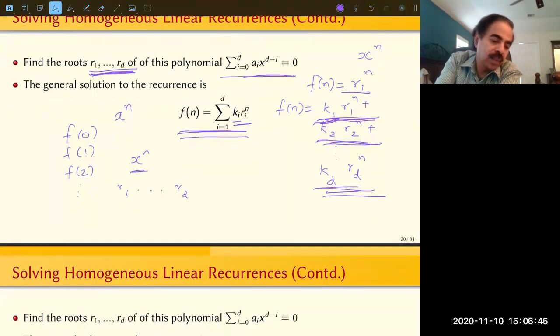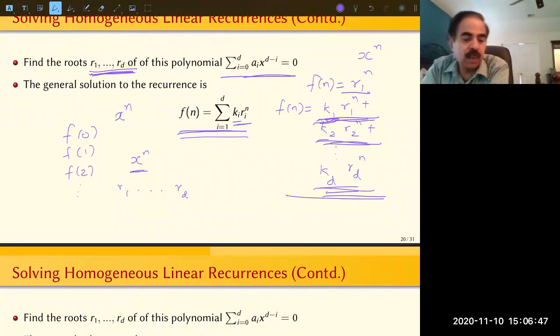And then we can solve for k1 through kd by knowing the actual values for the first few terms, right?